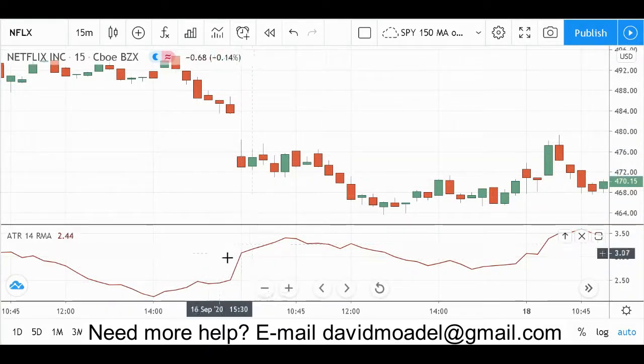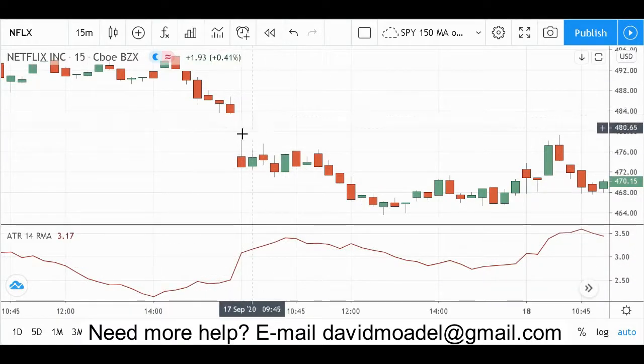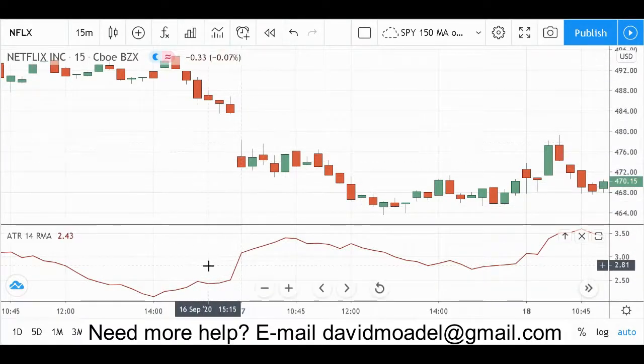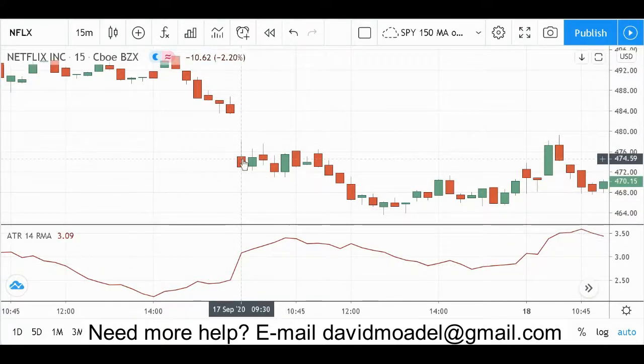So the ATR line is down here, as you can see, and then the stock price is up here with the candles. At the end of a trading day, for example with stocks, that would be 4 o'clock p.m. Eastern time, right before the market closes, what you can do is look at the price.